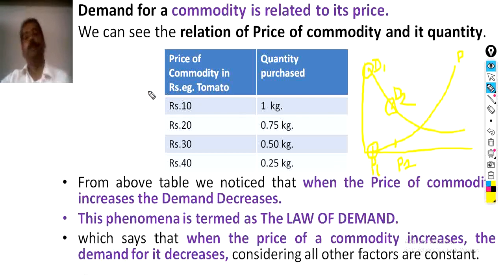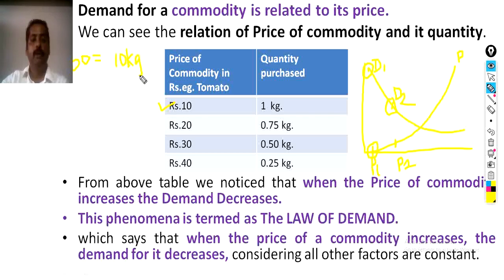Now suppose we take another example. We go to the market and we have 100 rupees in our hand, and we need to purchase a commodity, say tomato. When it is 10 rupees, we can have 10 kg of tomato.